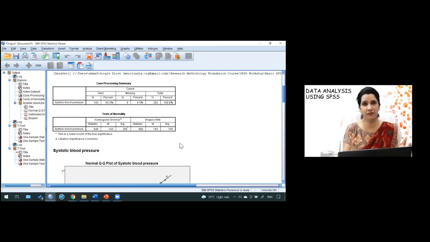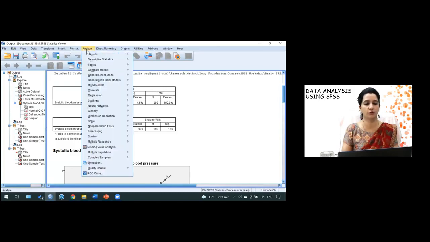We cannot say it is unfair to use, but in the same output you get the QQ plot also. You don't have to click something else. Go to Analyze, Descriptive, and then Explore.